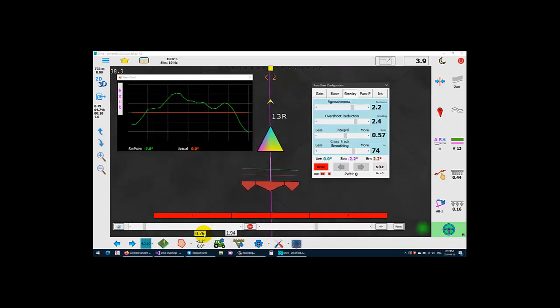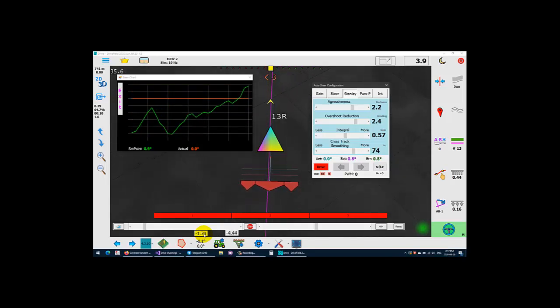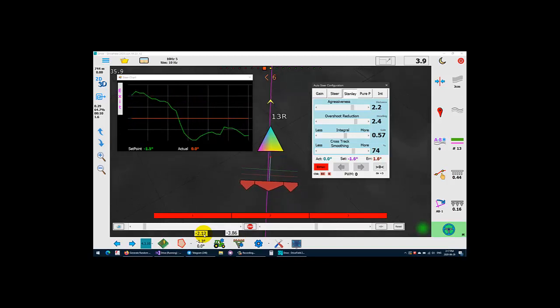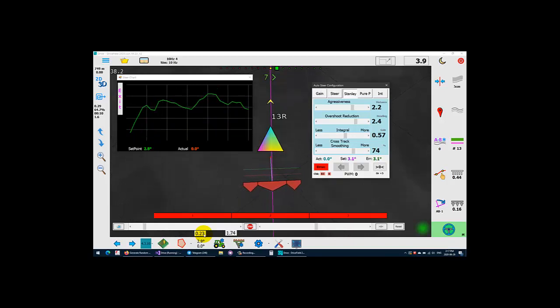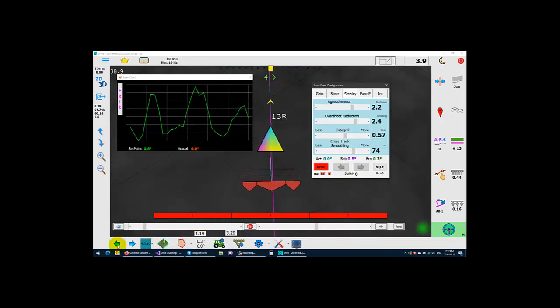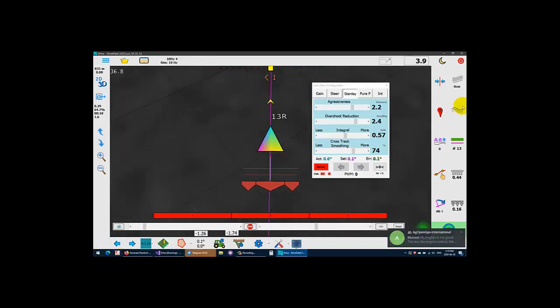So it's really tricky because you don't want to limit it, but you also don't want to overshoot the line. And if you are on the other side of the line, you want to come back across that line, but you can't just outright zero it, because then you're going to cut across the line and now you have the same problem on the other side. So kind of an interesting little problem.